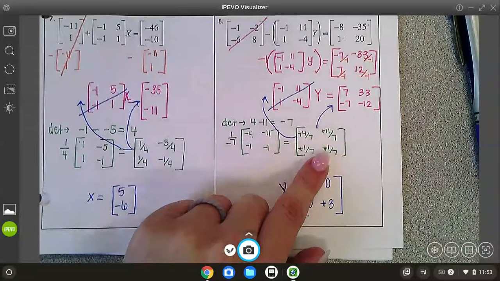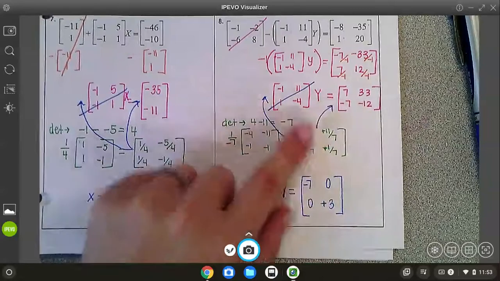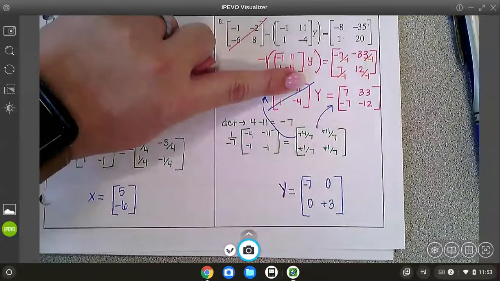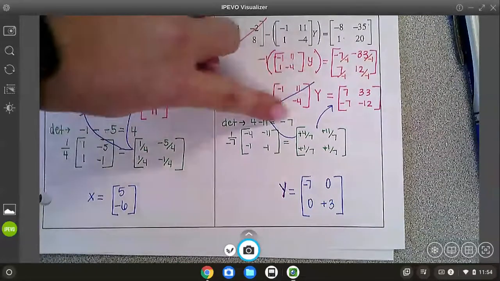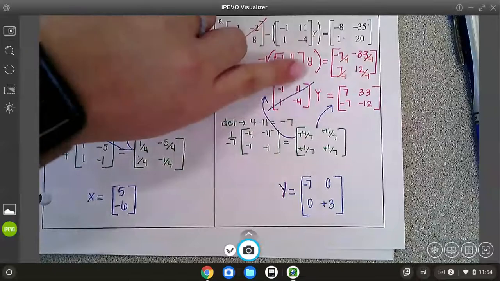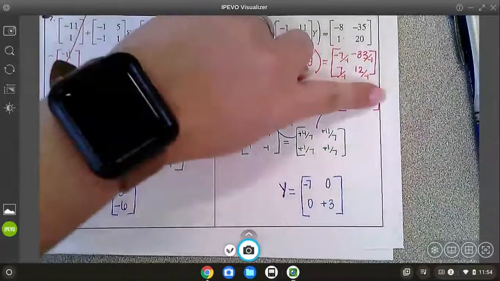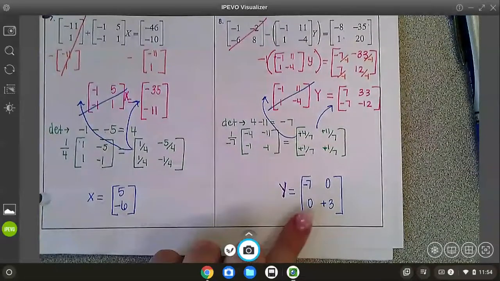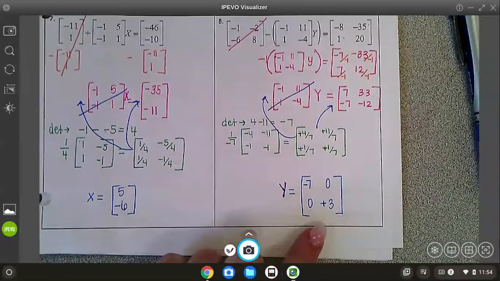Now that inverse, we multiply it here on the left. When you multiply a matrix by its inverse, they cancel. So we multiplied this matrix by its inverse, that canceled, leaving y. And then here we multiply it by that, and you get negative 7, 0, 0, 3.